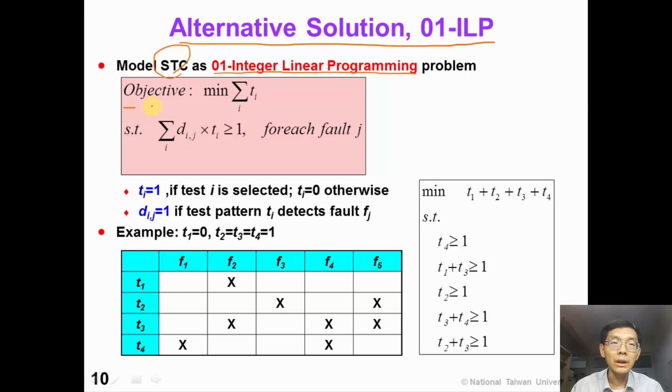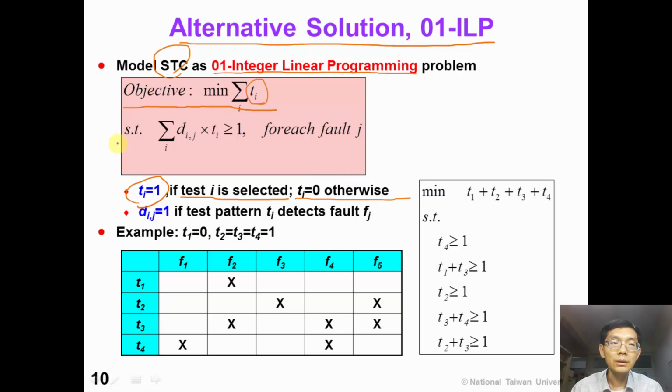The objective is to minimize the number of selected test patterns, summation Ti, where Ti is equal to 1 if test i is selected. Otherwise, Ti is equal to 0. This is a binary decision variable.